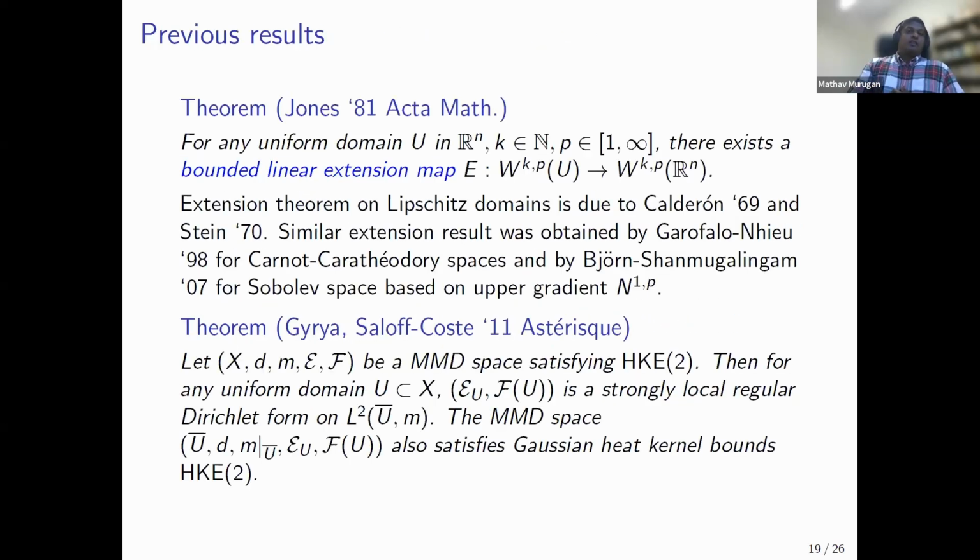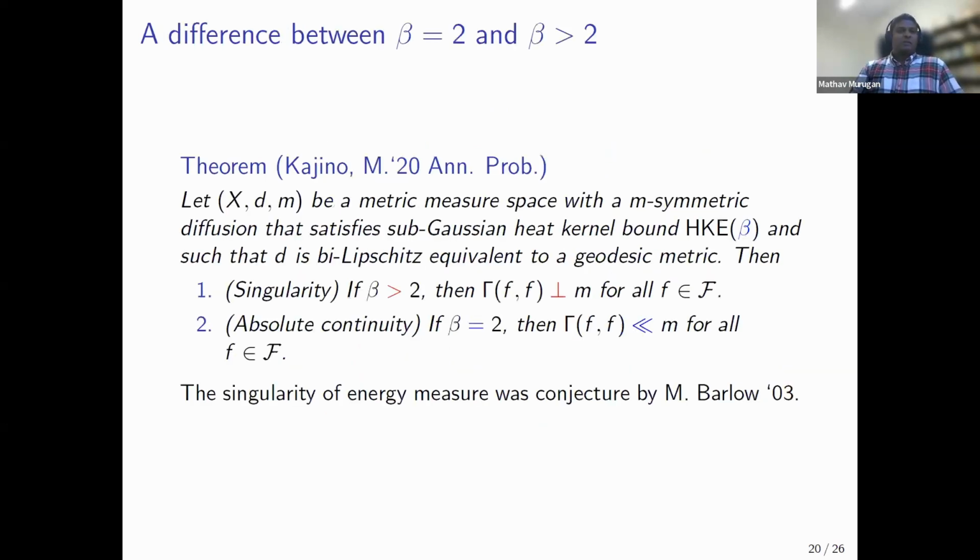Okay, but beta greater than 2 is of a very different character than beta equal to 2. Maybe one way to see it is this result that was obtained jointly with Naotaka Kajino a few years ago. If one has a metric measure space with a symmetric diffusion that satisfies sub-Gaussian heat kernel estimates with exponent beta, such that the metric is bi-Lipschitz equivalent to some geodesic metric, then there is a dichotomy.